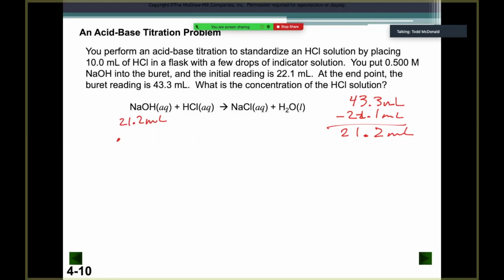We know the concentration of sodium hydroxide is 0.500 molarity. Here's what we know about the acid. We used 10 milliliters, but what we don't know is the concentration of the acid. So we go back to the concept we talked about before. Molarity is moles over liters.